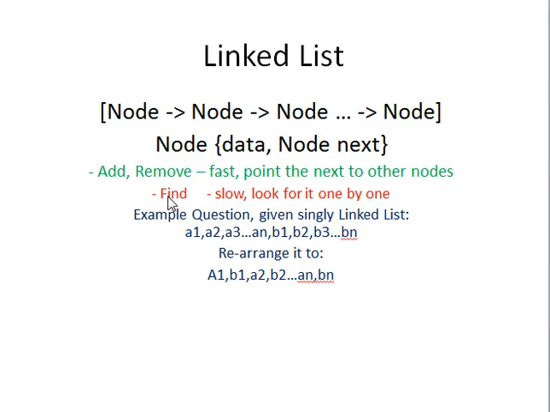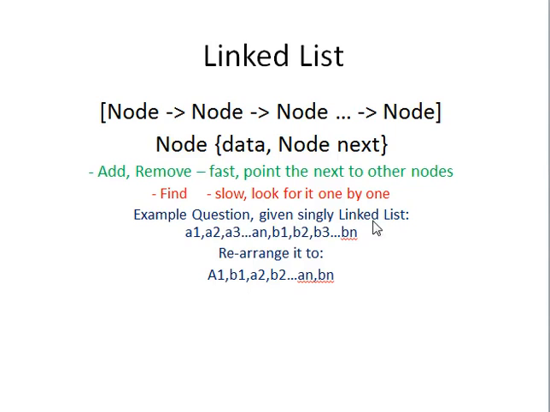But the disadvantage is if you want to find a node in the middle, this will be slower, because the operation will look from the head node one by one until it finds this node and then return this node. So here is an example question we can use to understand this better.